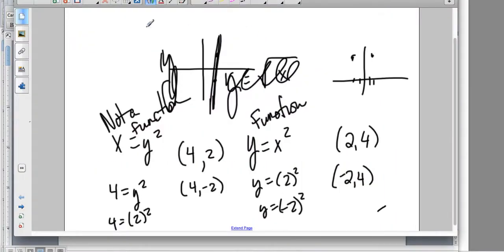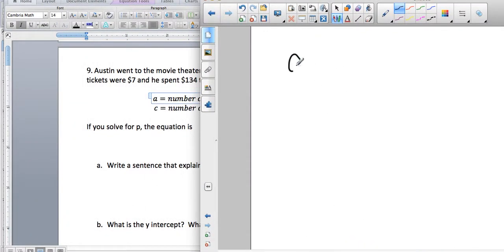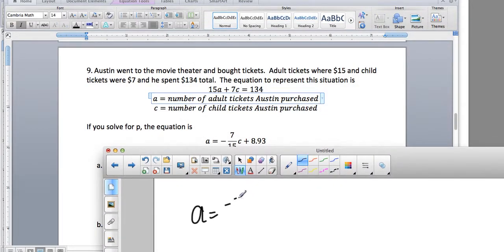Now, if I give you something like that, and this equation ended up being A equals negative 7/15 C plus 8.93.